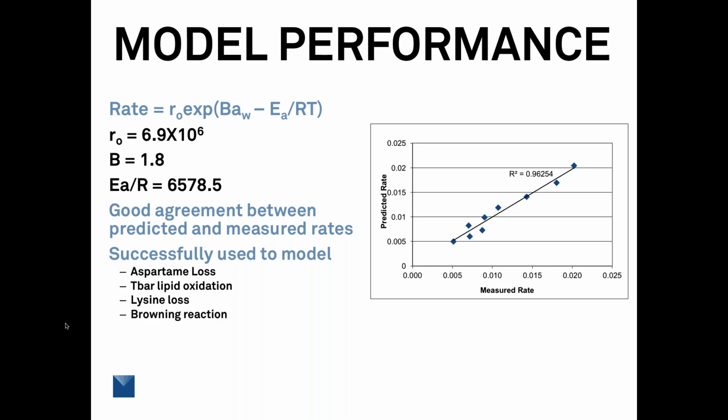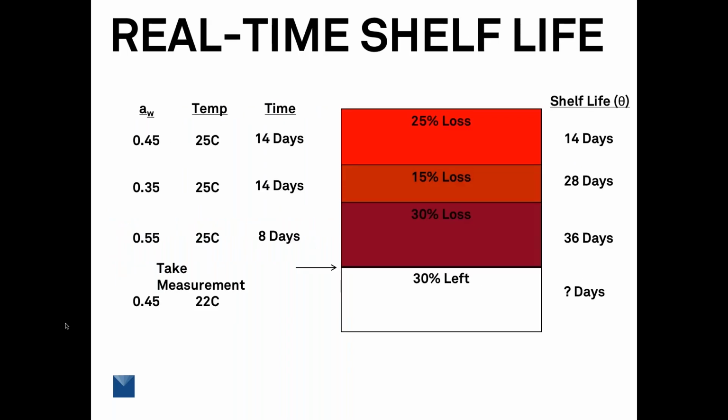We've looked at lysine loss and also looked at browning reactions using other methods than the one that we tried, where we were able to successfully model the data and put it into a form where we could do some calculations with it.